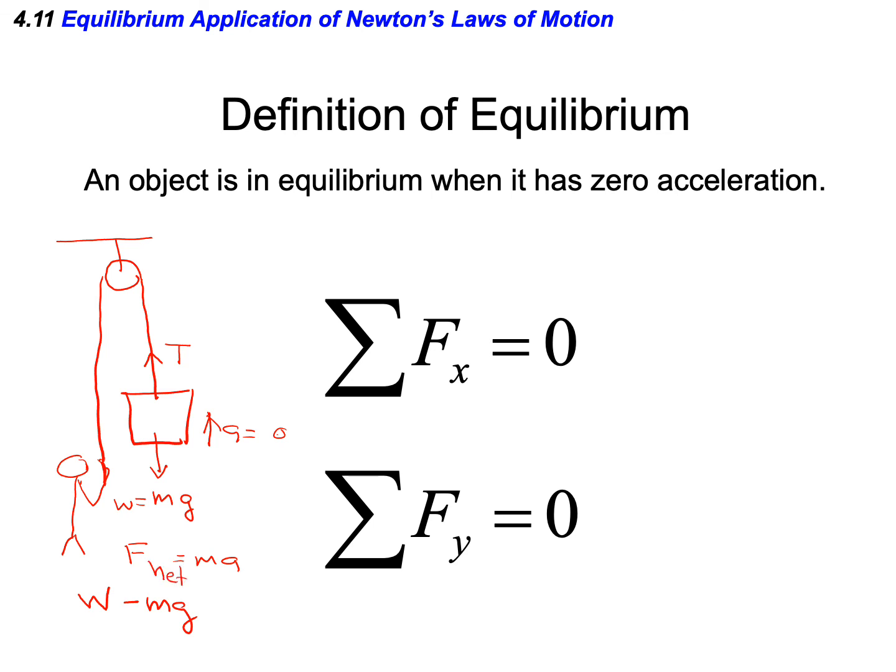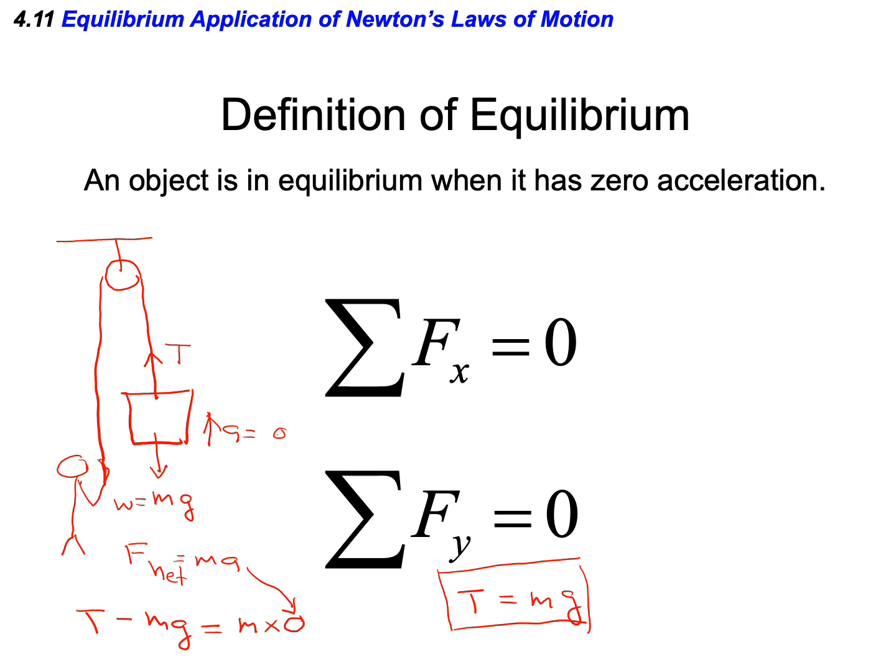So net force is, one force is mg, the other force is T. T minus mg equals mass times acceleration. If the acceleration is zero, T minus mg equals zero, so T equals mg. So you can calculate tension, which is equal to mg if it is not moving.